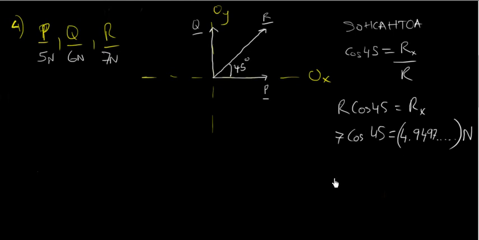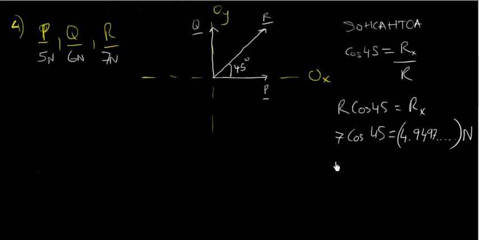So that answer there, plus the 7, so minus 7 plus the original 5 of the P, we're going to get something closer to 10. So it's 5 plus something near to 5.